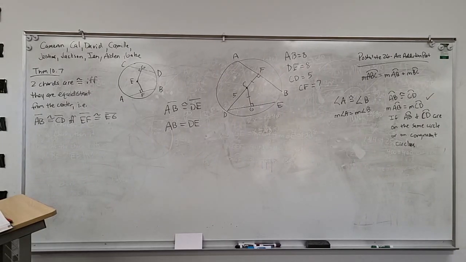Now, what is DG? Is it 4? Is it a 3, 4, 5 triangle? Yeah. AB and DE are congruent chords. They are equidistant from the center.